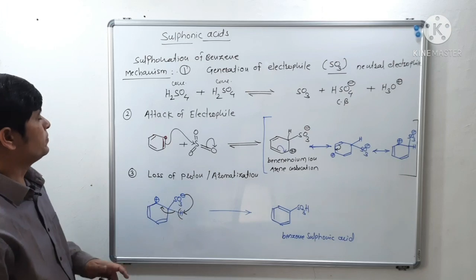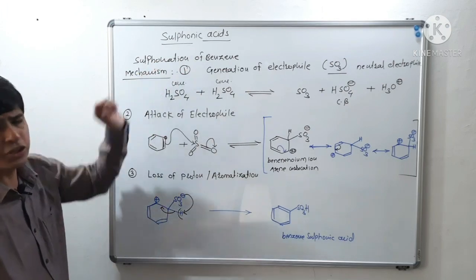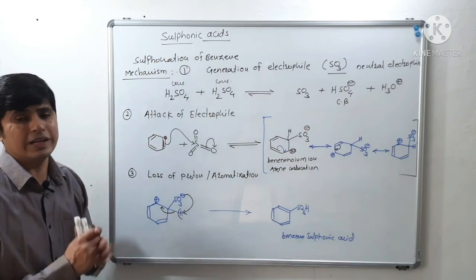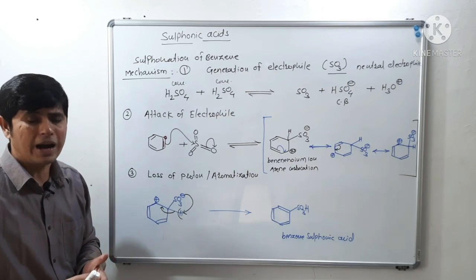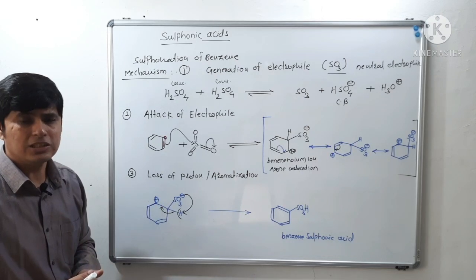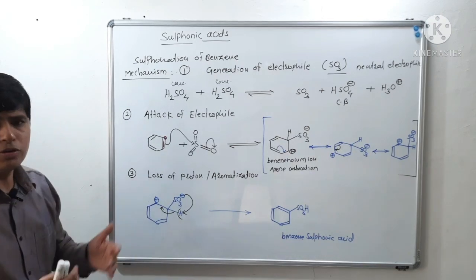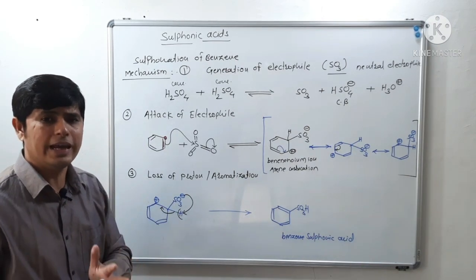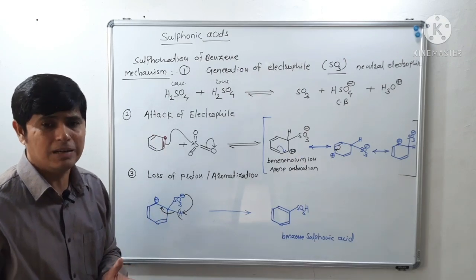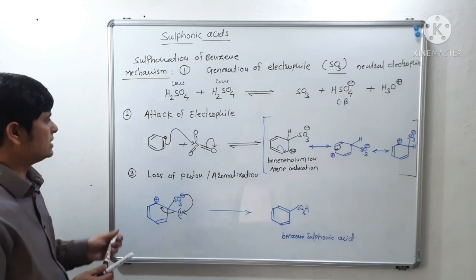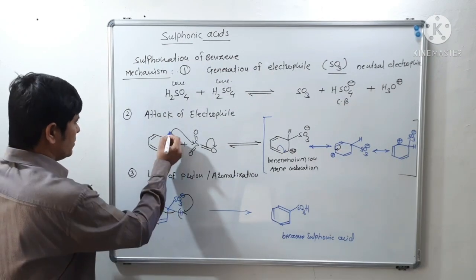Now see, sulfonation of benzene is an aromatic electrophilic substitution reaction. Why? Because we know that in a substitution reaction there is a replacement of an atom or group of atoms by another atom or group of atoms. See here, this is your benzene.